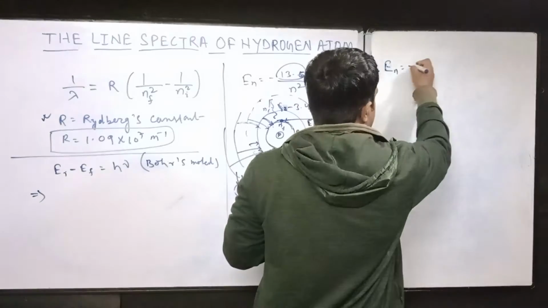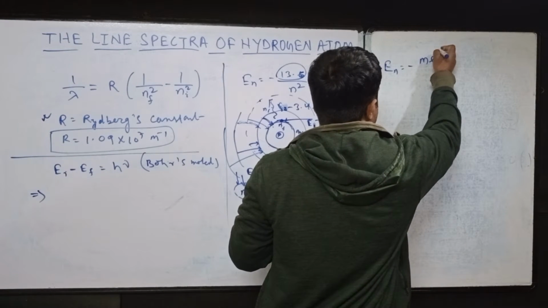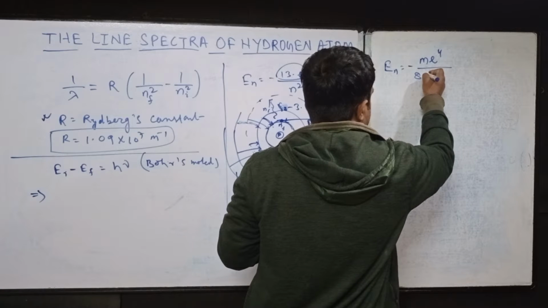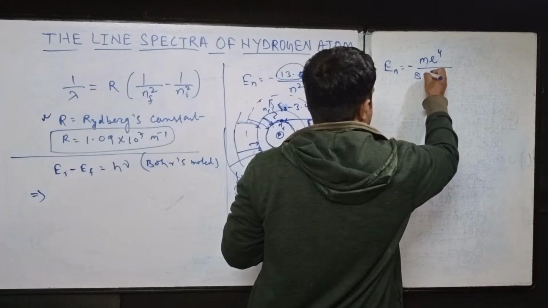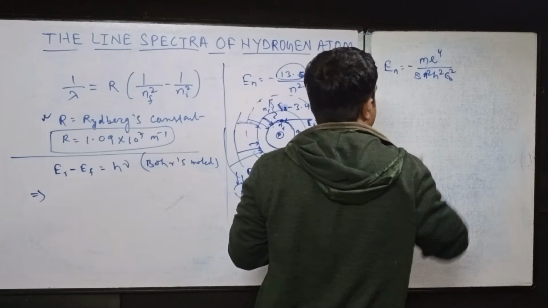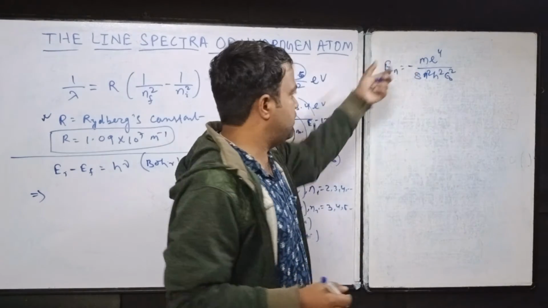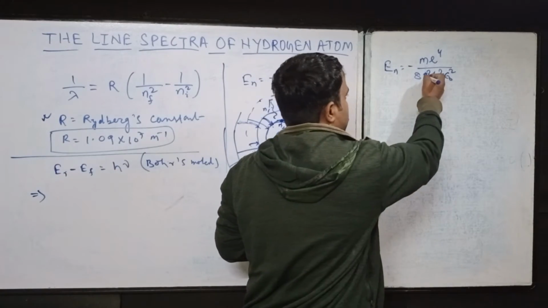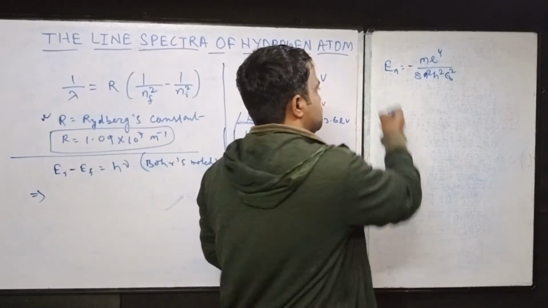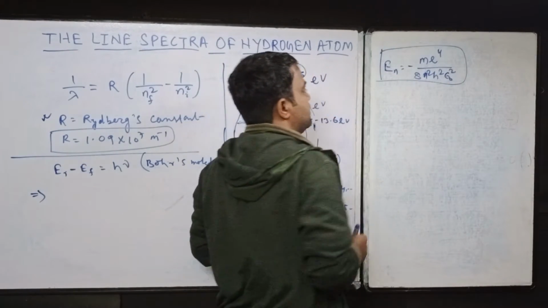En was minus m e to the power 4 over 8 n square h square epsilon naught square. So this was the energy we calculated, and n is the number, meaning nth orbit, like first orbit or second orbit. So this is the energy we calculated for Bohr's model.